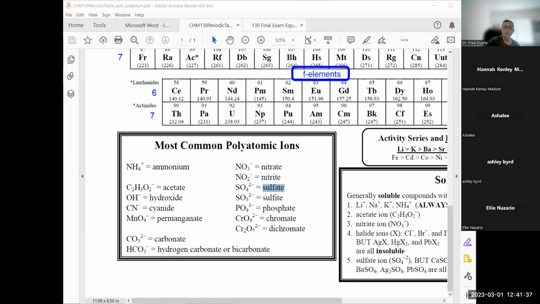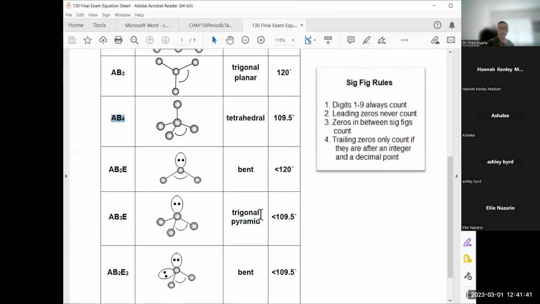And there we go. Shapes table, AB4. And there we are right there. AB4 tetrahedral. Okay. So we got the sulfur in the middle and then the 4 oxygens bonded around it.